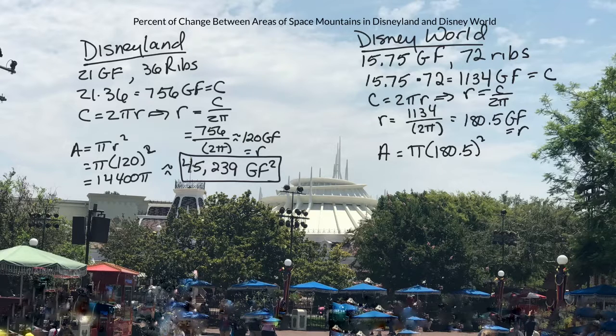And again, square that 180.5 first. It came out to 32,580.25 pi, which is approximately 102,354 square Grieser feet.